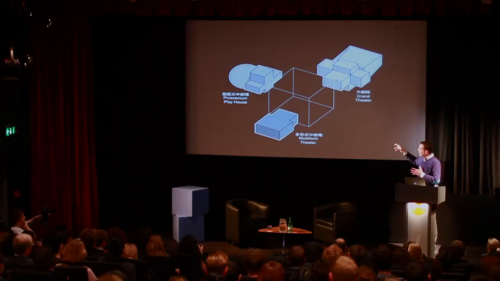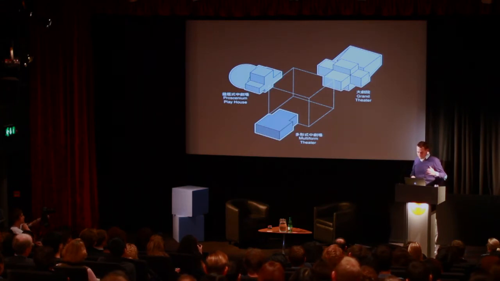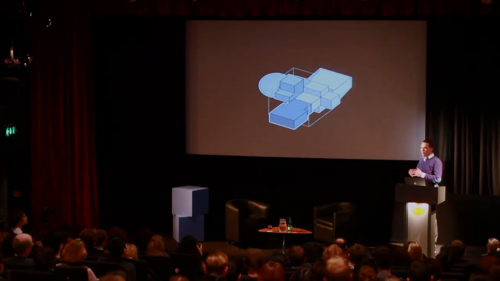So this is the proposal that we had, to have the three theaters separately and perfectly for their use: a Grand Theater for opera and drama, a proscenium playhouse for dance, and a multiform theater for more experimental theater. But you could also combine them and take the stage walls out and then have spaces of 100 meters in length, 40 meters in width, where people from three sides can look into it, and different forms of theater could take place.